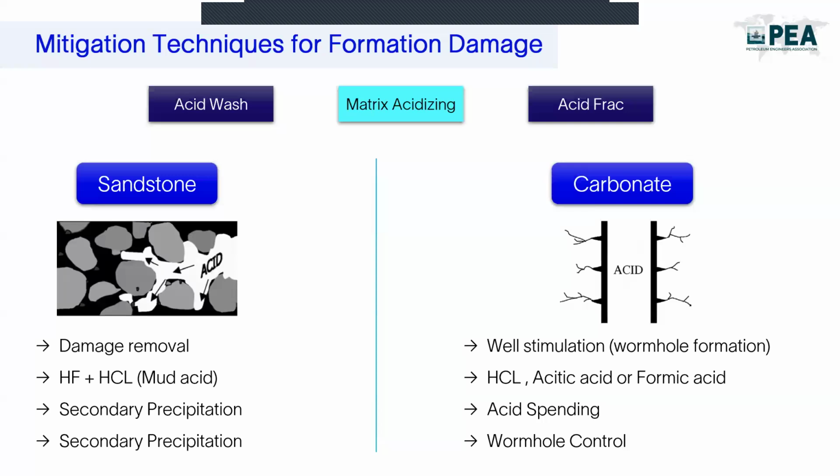So what are the main challenges when it comes to matrix acidizing in carbonate? The first one is acid spending. The high reactivity of hydrochloric acid with the carbonate minerals can cause the acid to spend too quickly near the wellbore, and this limits its effectiveness in penetrating into the reservoir.